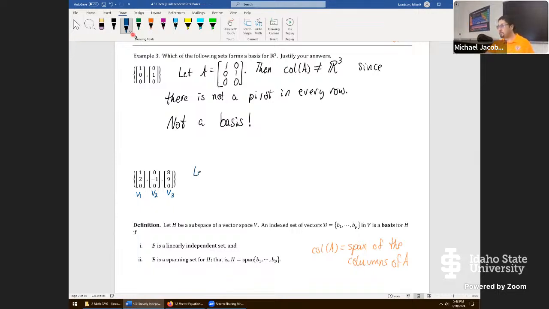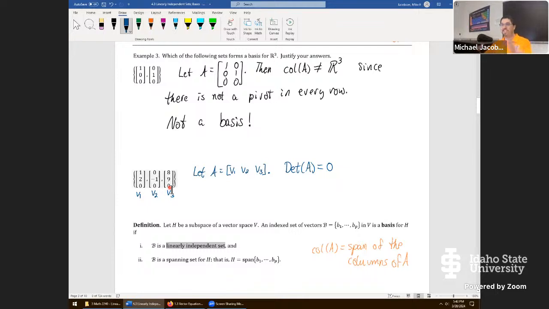Then we can say, let A be equal to V1, V2, V3. And again, there's lots of things we can do. But if we're thinking about spanning or linear independence, then, well, we could do the following. Let's take the determinant of A. It's automatically 0 just right out of the gate because you could do a cofactor expansion.